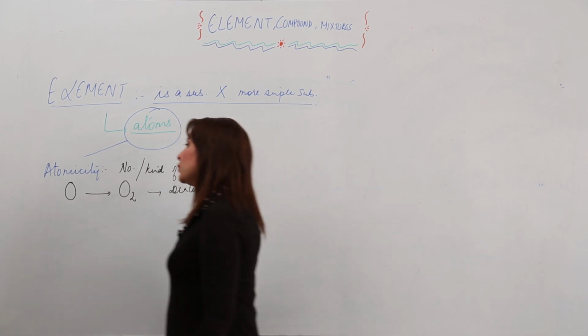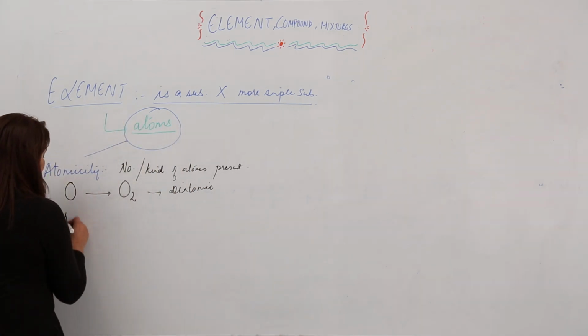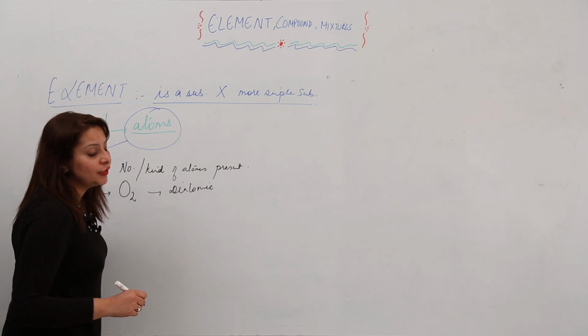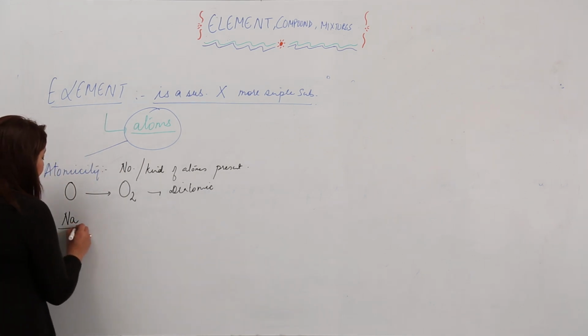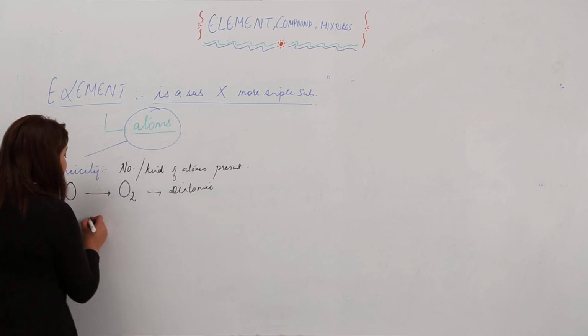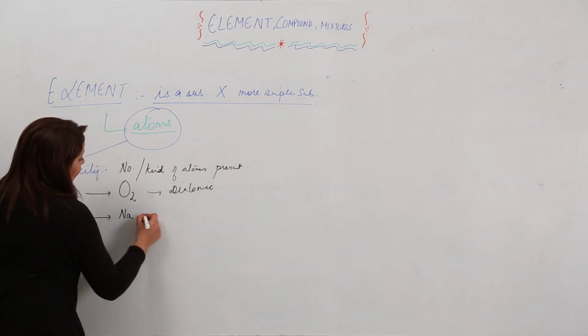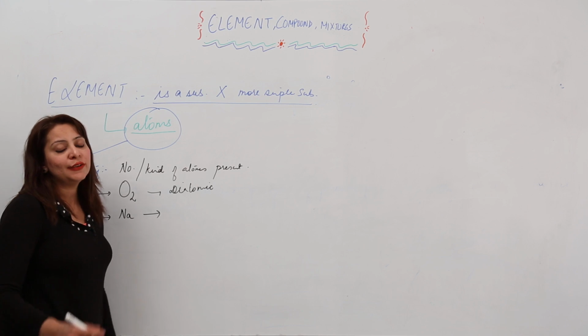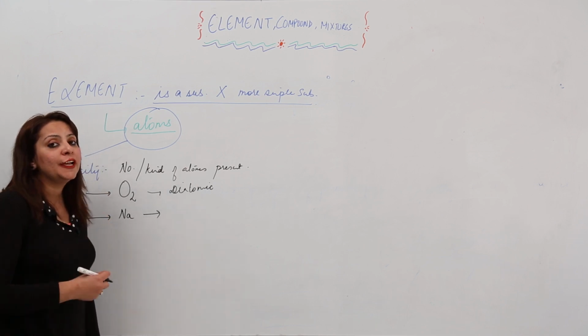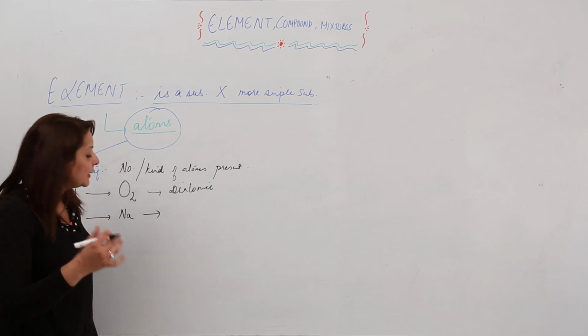Similarly, take the example of sodium. We know the symbol of sodium is Na, derived from its Latin name natrium. So how does sodium exist in nature? Sodium exists in nature as Na. It does not form a molecule at room temperature; it occurs as Na.